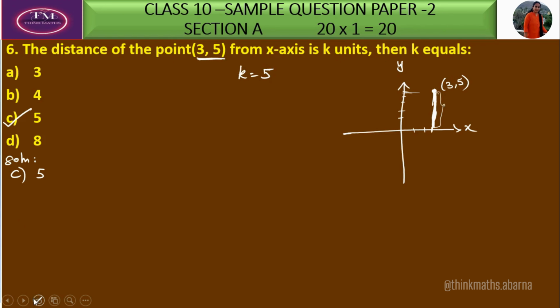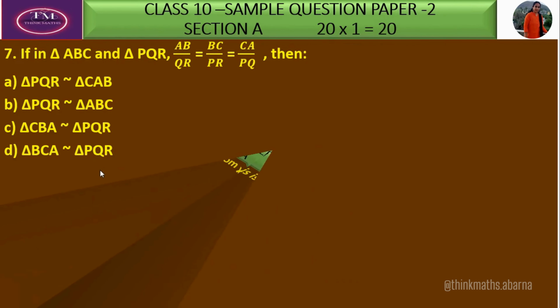So moving on to the seventh question. If in triangle ABC and triangle PQR, AB by QR equal to BC by PR equal to CA by PQ, then triangle PQR similar to triangle CAB, triangle PQR similar to triangle ABC, triangle CBA similar to triangle PQR, triangle BCA similar to triangle PQR.